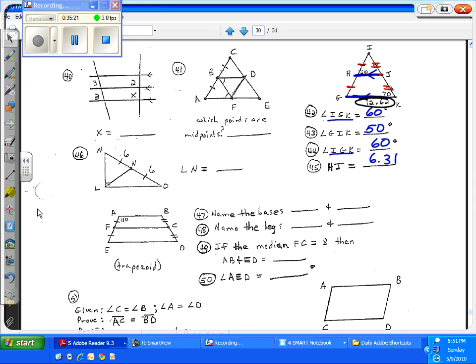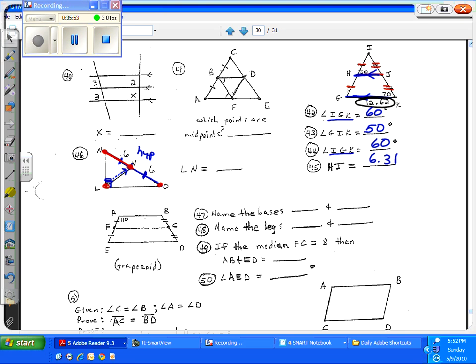Number 46 brings us to a theorem that says the midpoint of the hypotenuse of a right triangle, the hypotenuse being the side across from the right angle, is equidistant from the vertices of the triangle.